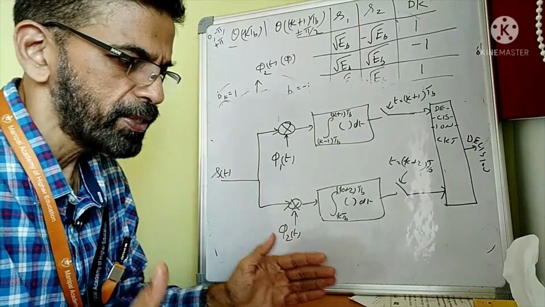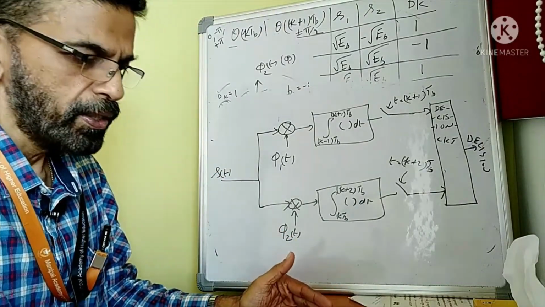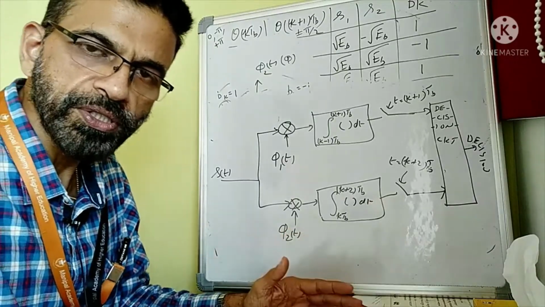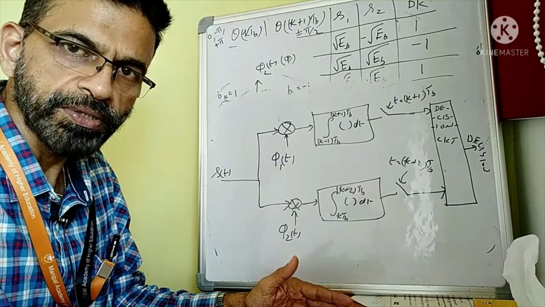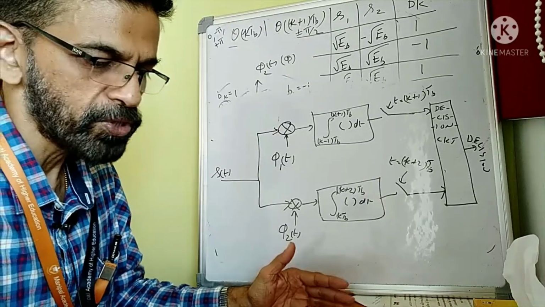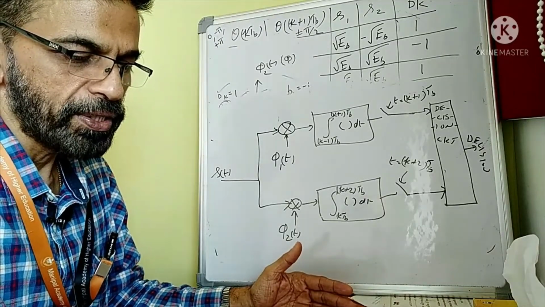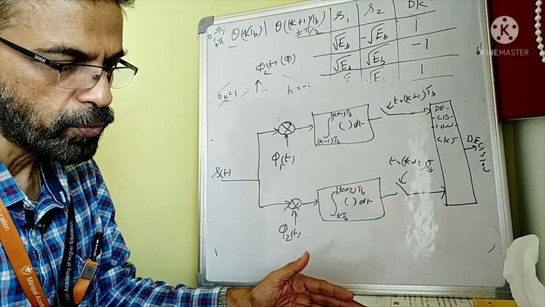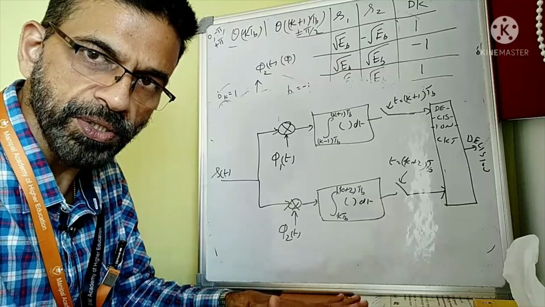I have covered signal detection and estimation in some detail, and then I have covered coherent detection of the various digital modulation schemes in much detail, and all the error rate performance we have evaluated. So with that we will be ending this course.